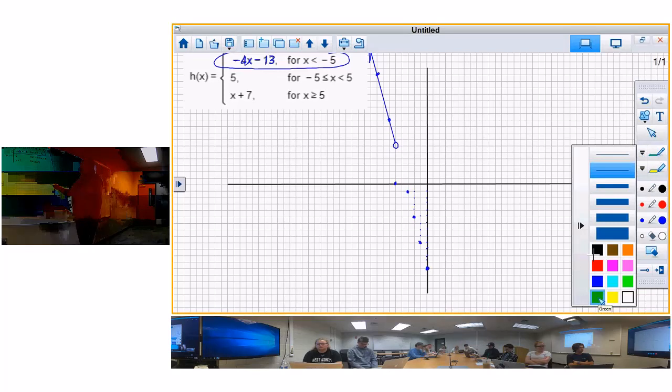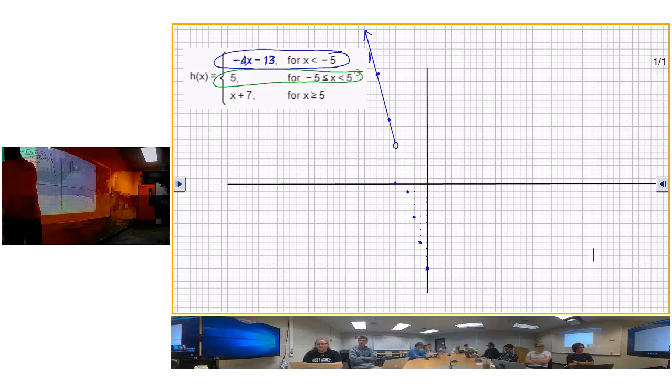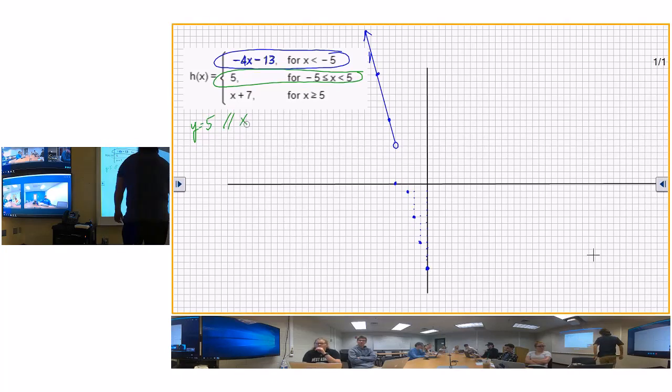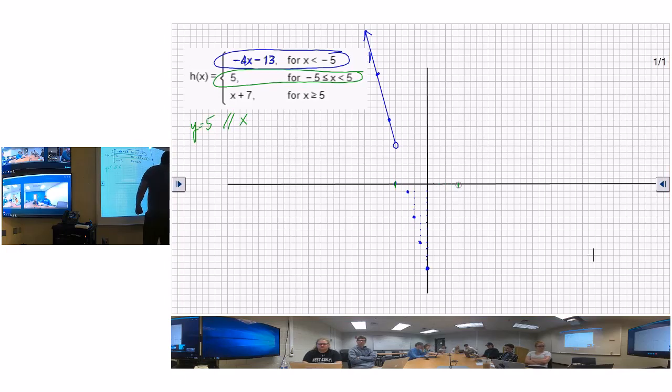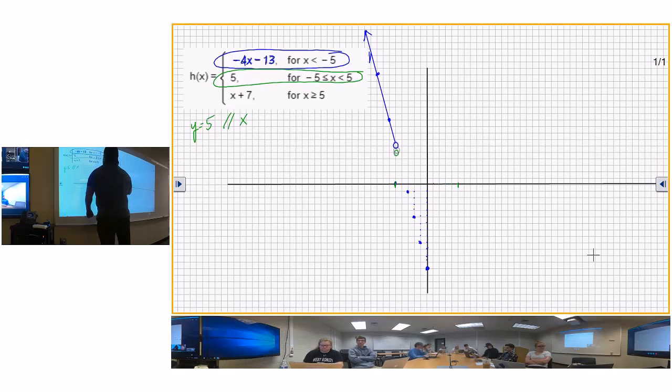Now let's take our Verde, and we'll do y is equal to 5. Well, when y is equal to a number, it's parallel to what axis? The x-axis, right? But it's only from negative 5 to what? So there's negative 5. 1, 2, 3, 1, 2, 3, 4, 5. And we're going from, is that equal to?